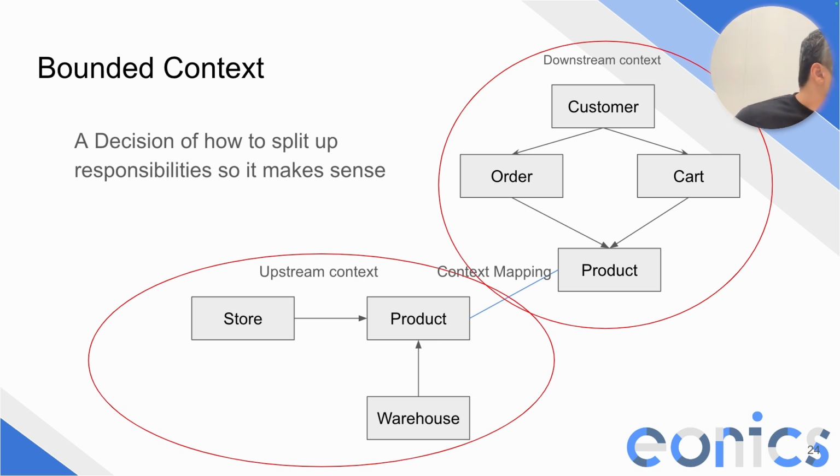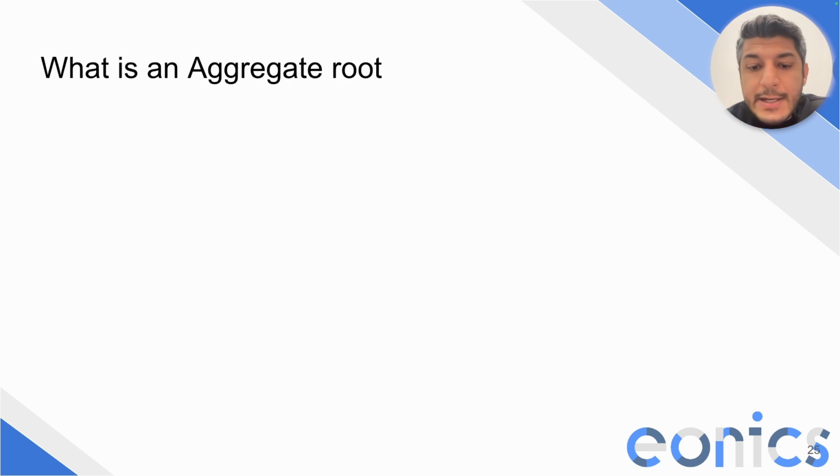So after knowing what bounded contexts are, we have to understand what an aggregate root is, which is the most important thing that has been talked about in the DDD book.